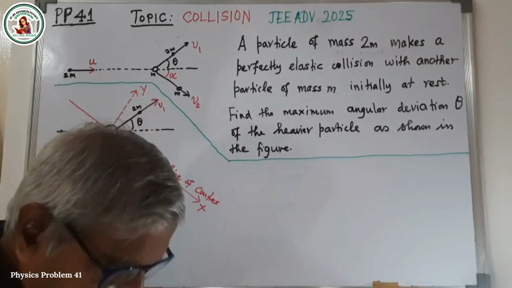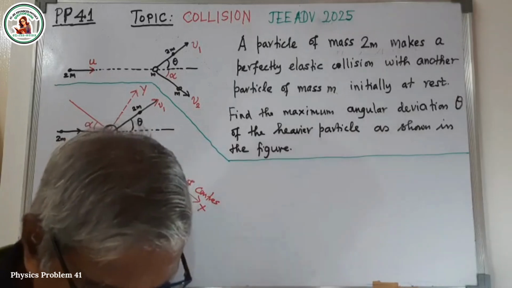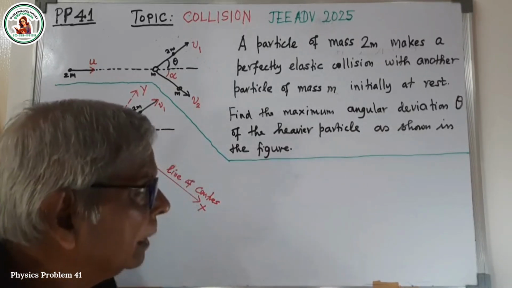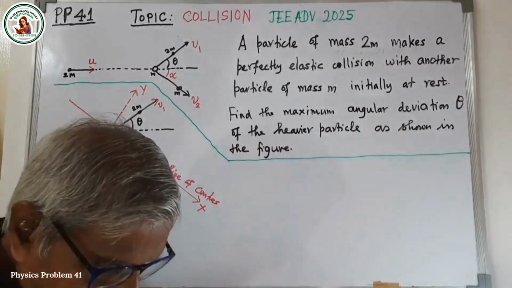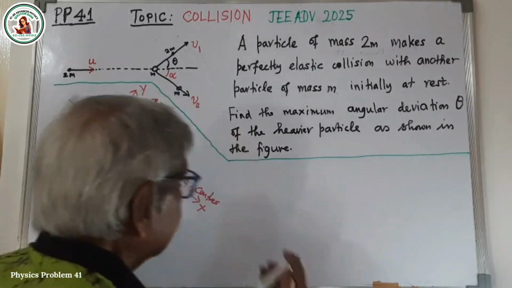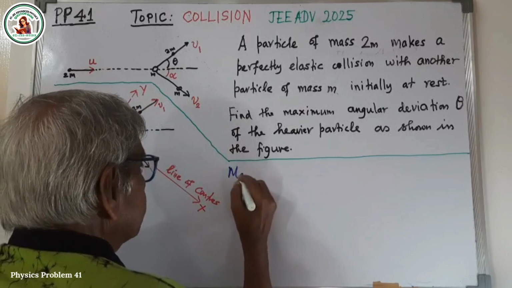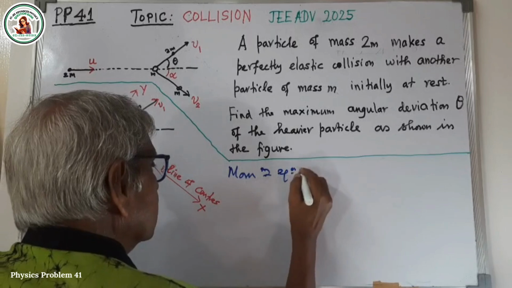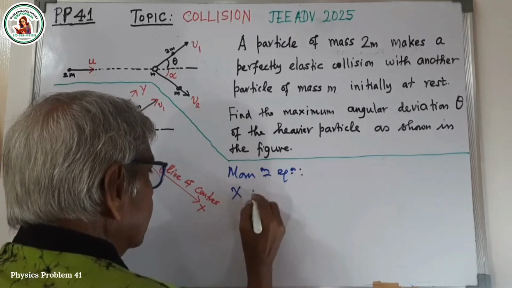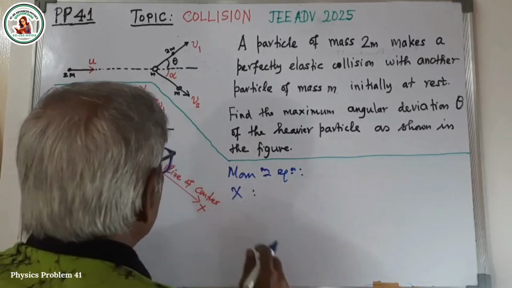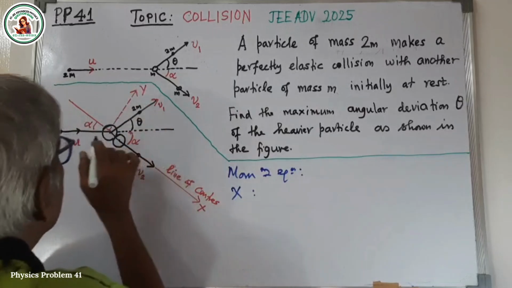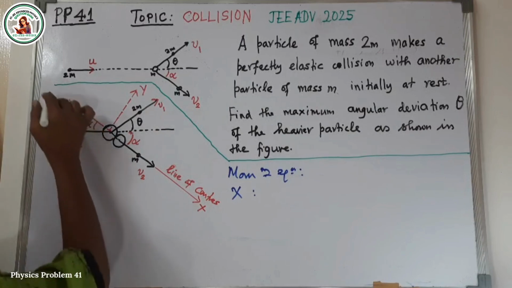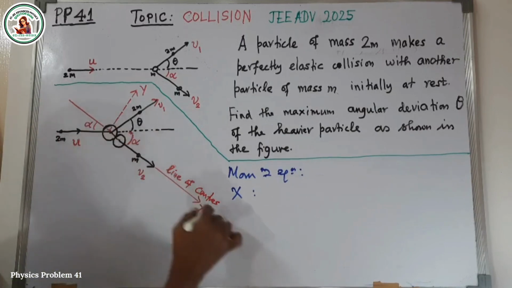So we shall write the momentum equation along the x-axis: initial momentum equals final momentum. Along the x direction, the initial momentum is 2mu cos alpha along the line of centers.